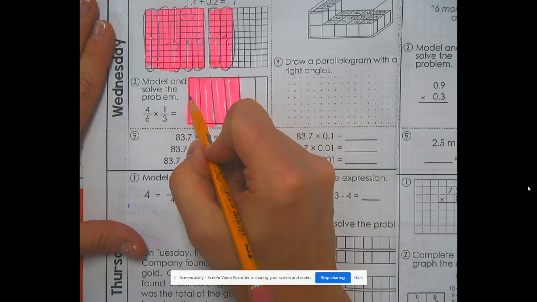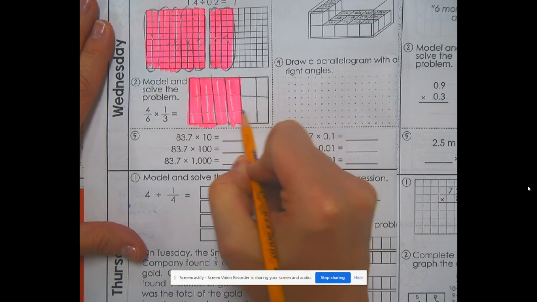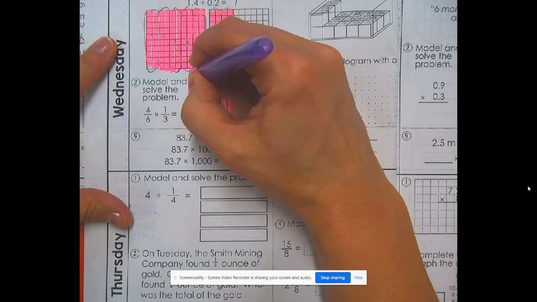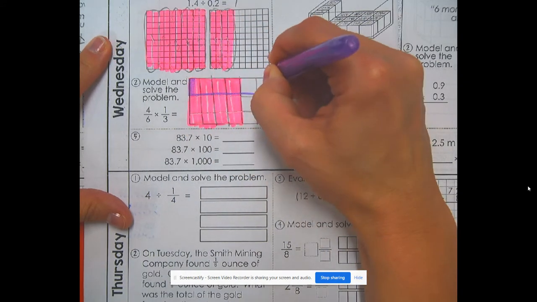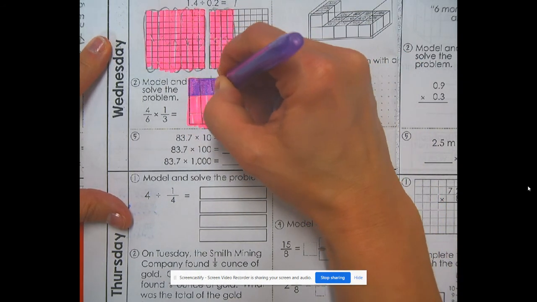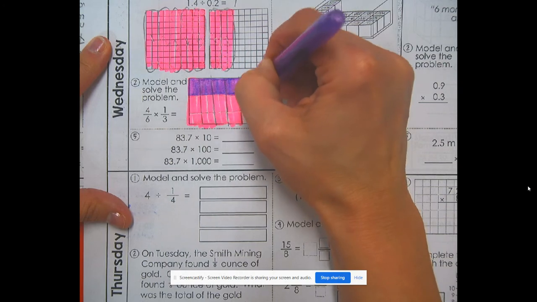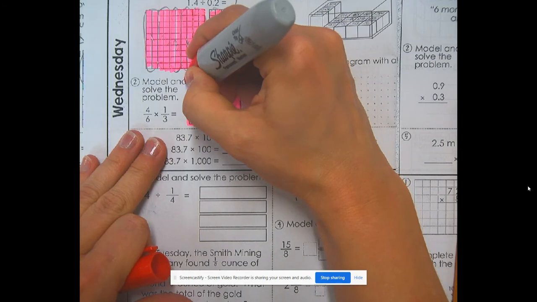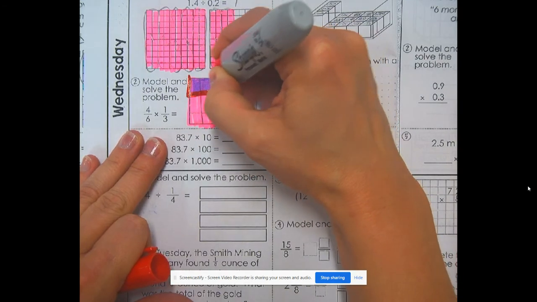Cut it into thirds. Good. And how many of those do I color in? 1. Okay, and our answer is where we have both colors.